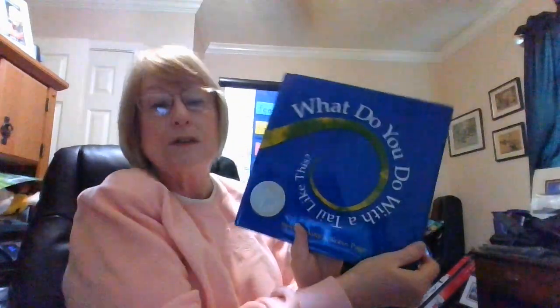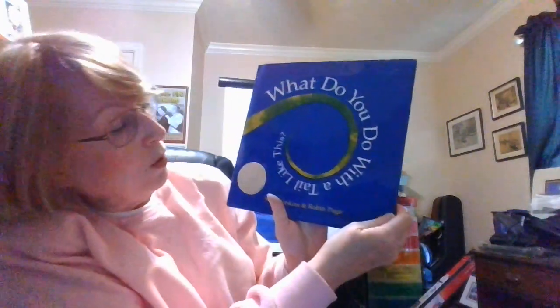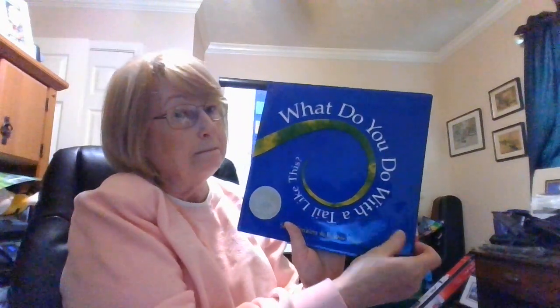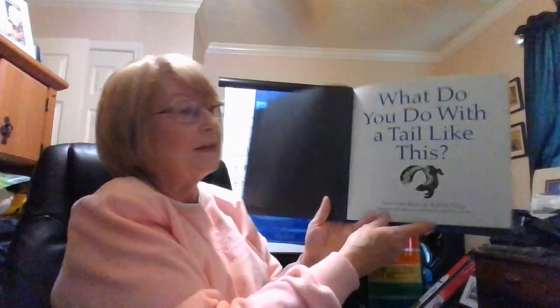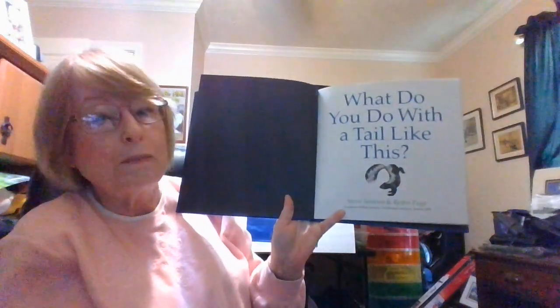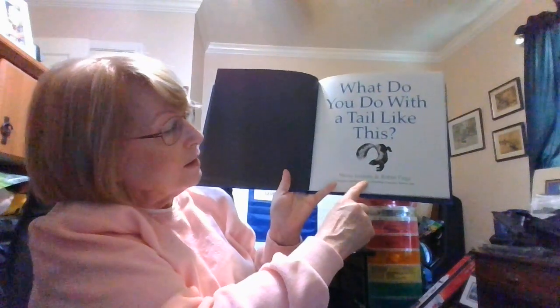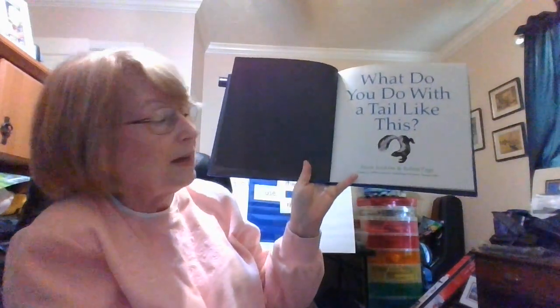The title is, What Do You Do with a Tail Like This? See, that's one of our words we have up there, tail. So let's find out what you would do with a tail like this. And remember, that's our title page. What do you do with a tail like this? By Steve Jenkins and Robin Page.